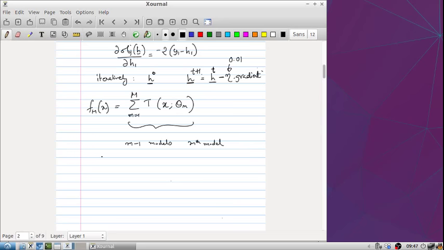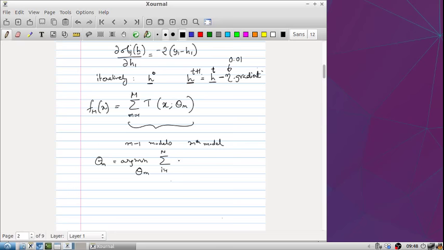To get intuition, maybe I can find the mth model by: theta m is the arg min over all theta m of the sum over i equal to 1 to n. Sorry, not m, there's a typo in the notes.